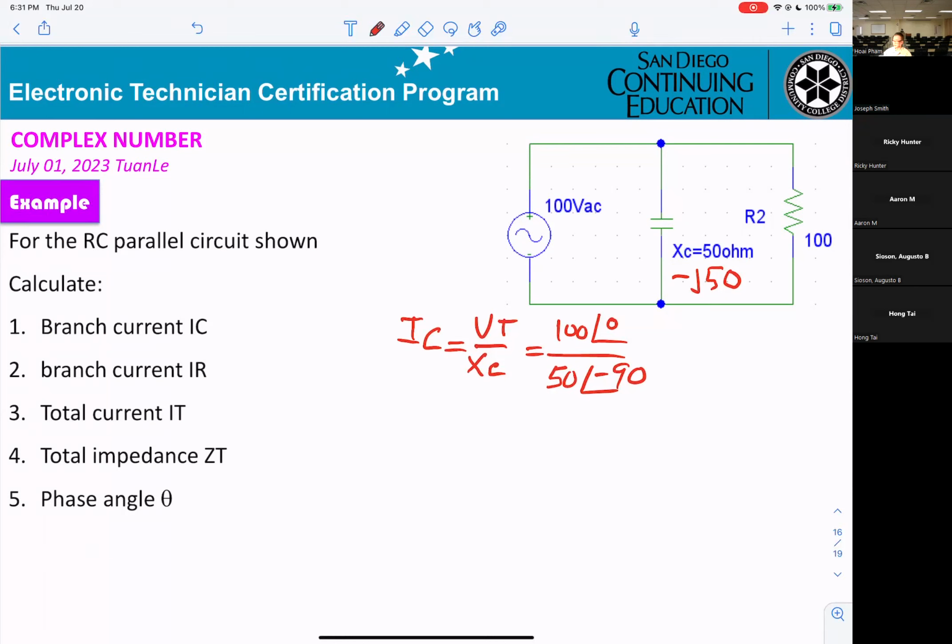Okay, we try to show you how to do it quickly, otherwise we don't have enough time.